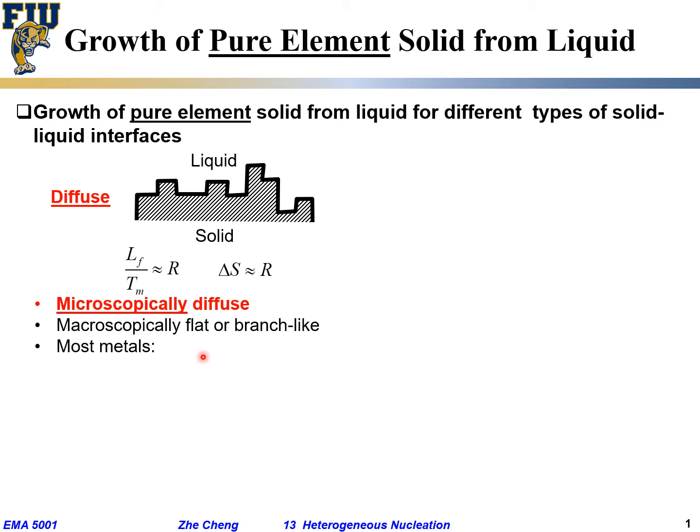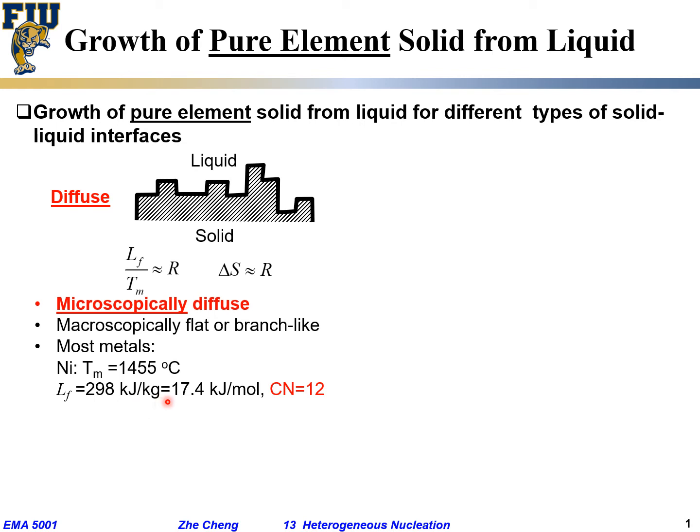To give one example, nickel, melting temperature roughly 1455. That's a typical metal, and it has the FCC structure, face-centered cubic structure. If you go into the literature, you can find the latent heat, 98 kilojoule per kilogram.